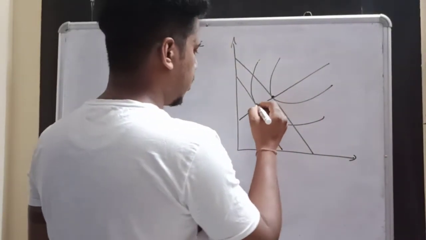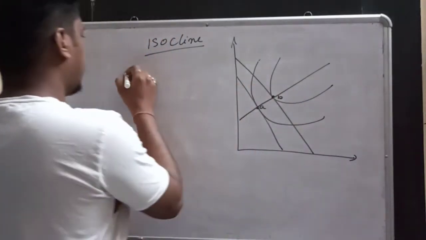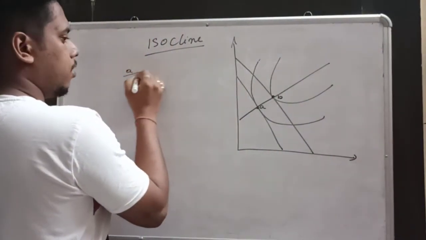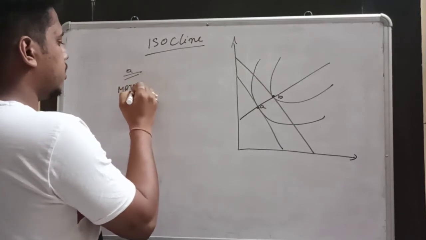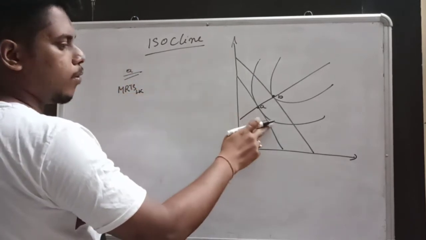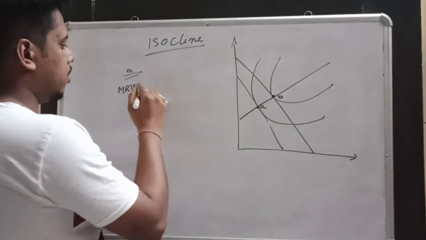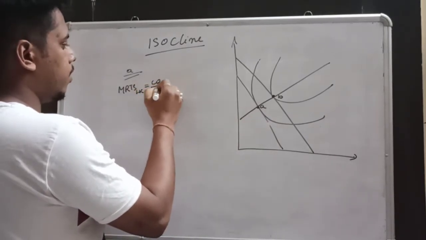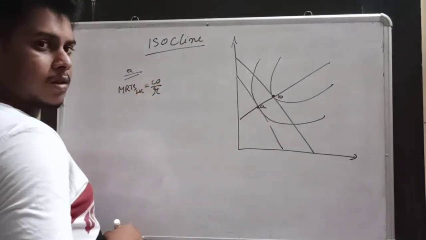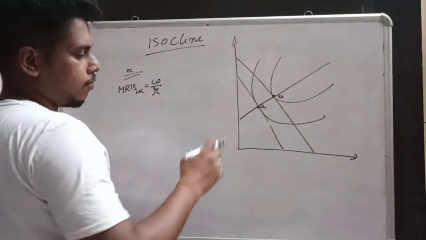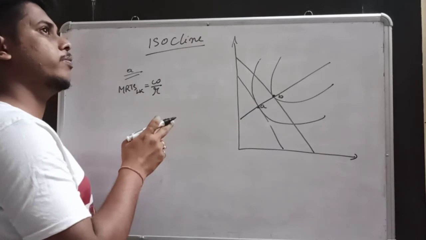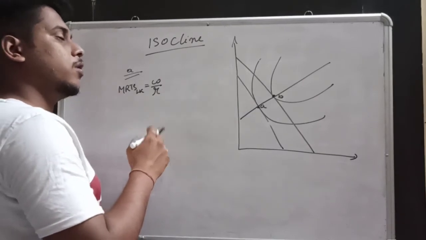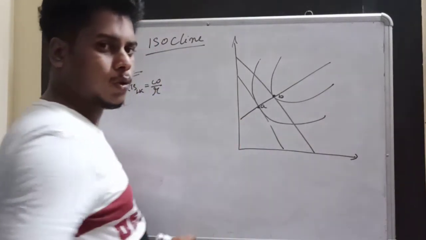Now at point A and point B, at point A we have MRTS LK, that is the slope of the isoquant, equal to wage by rate of interest, that is the slope of the isocost line.